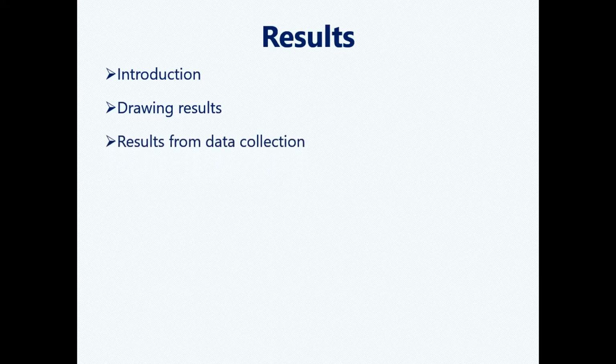Now, result from data collection is slightly different, because data collection can be of a single sample or of 100 samples. If I am just plotting a graph of a single sample, then I am making a result. But if I am making a comparative study, I make a comparative result and then analyze it, because I am comparing each and every data set.